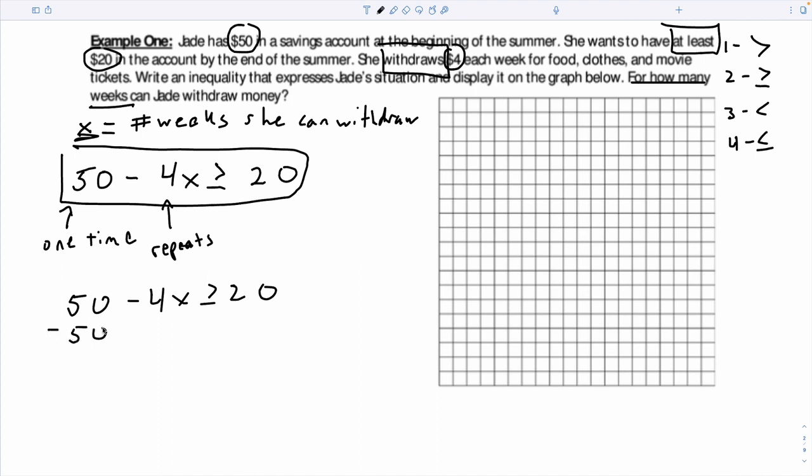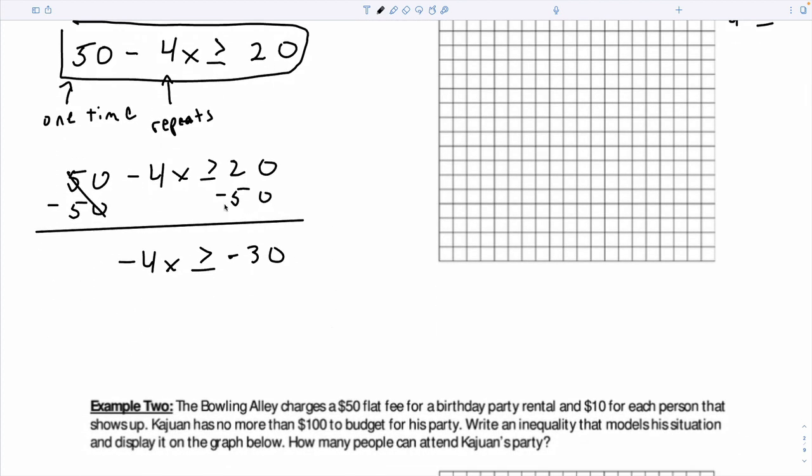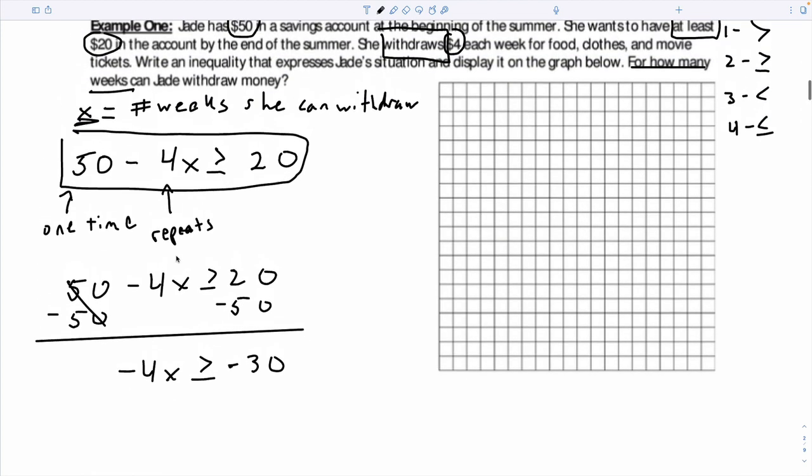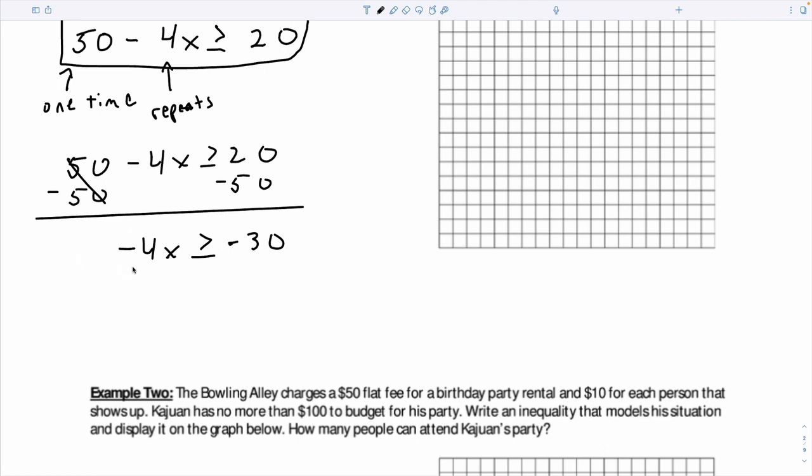Subtract 50 on both sides. Negative 4x is greater than or equal to negative 30. Divide by negative 4. When I divide by a negative number, what happens to the inequality sign, Tanner?